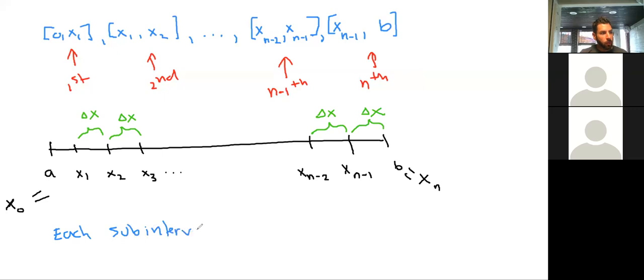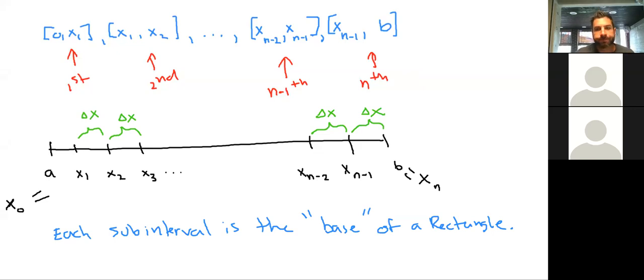Each subinterval is the quote-unquote base of a rectangle. Does anybody have a question? Comment?